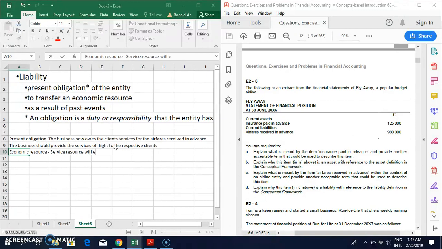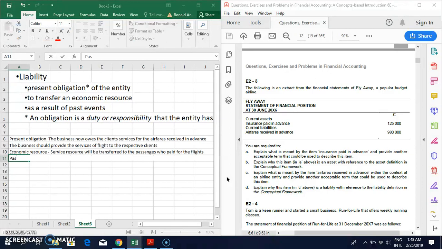Will be transferred to the passengers, or we can say respective passengers who paid for the flights. So you can see I'm linking it specifically to the scenario. The past event, again, what transpired, what brought about this liability.